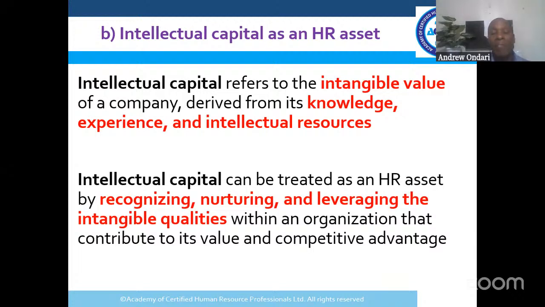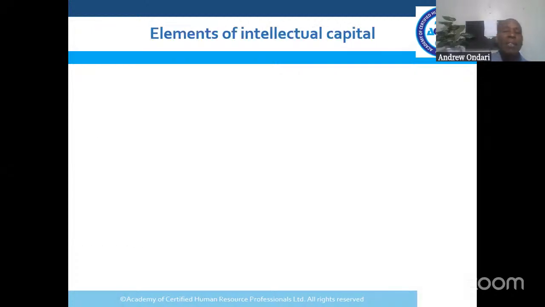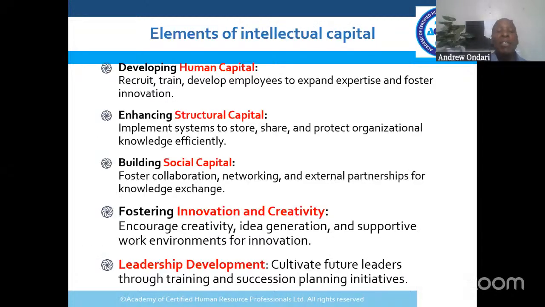By leveraging, we make sure that we use optimally the skills and the knowledge that people have to achieve a competitive advantage. Now I move to the specifics, that is, elements of intellectual capital. And there are quite a number of them which I have highlighted.